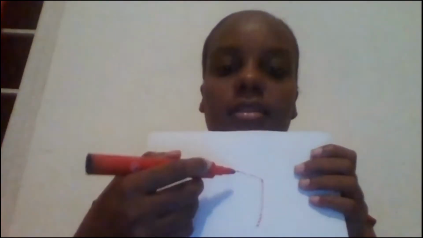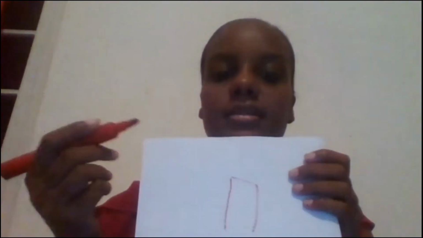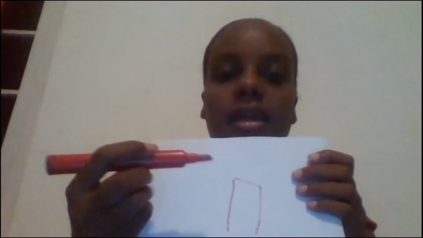So you do a vertical, you do a right angle. Mine looks a little slanted, but you get the picture. And then you come back down straight. So it's like you're doing a box with an open bottom. You join the line.